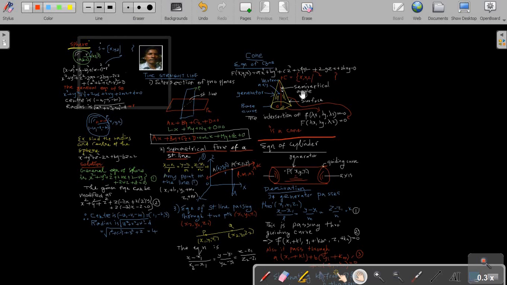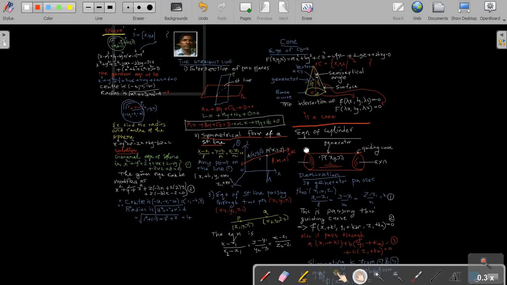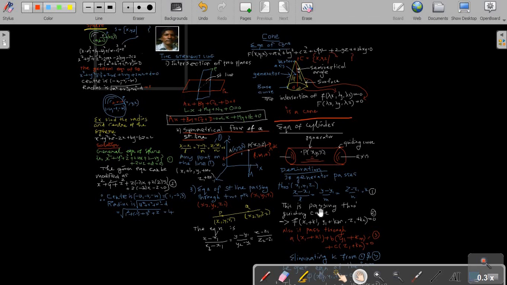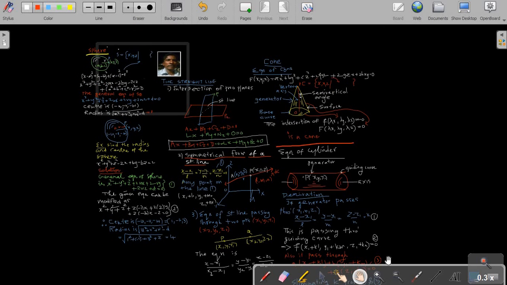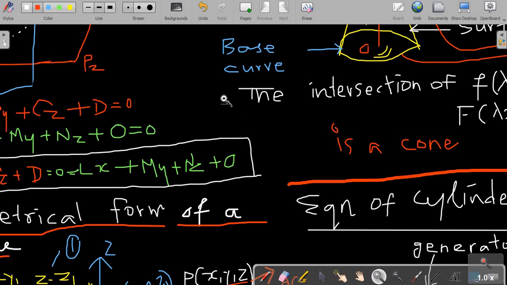Then afterwards, we got the cone equation. It is obtained from a generator and a guiding curve, and the cylinder is also obtained from a generator on a guiding curve, and we got that the equation of the cylinder is phi of x, y, z equals 0.